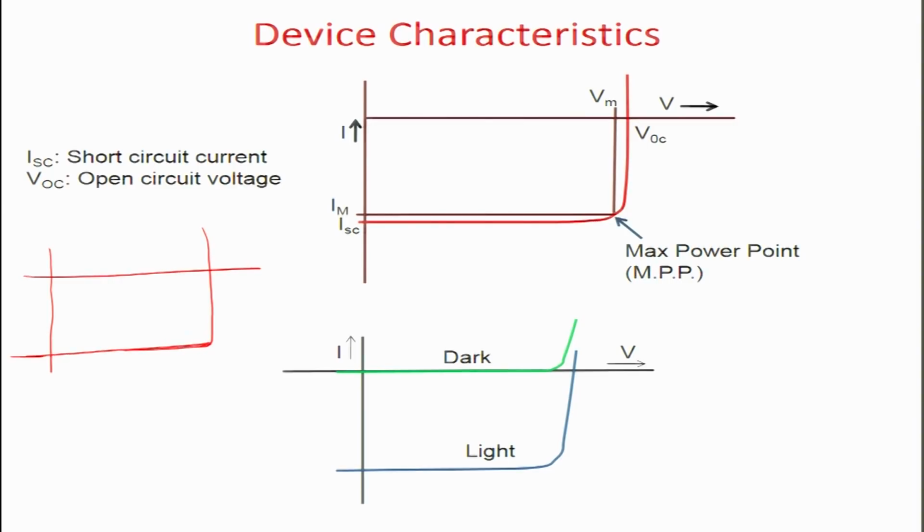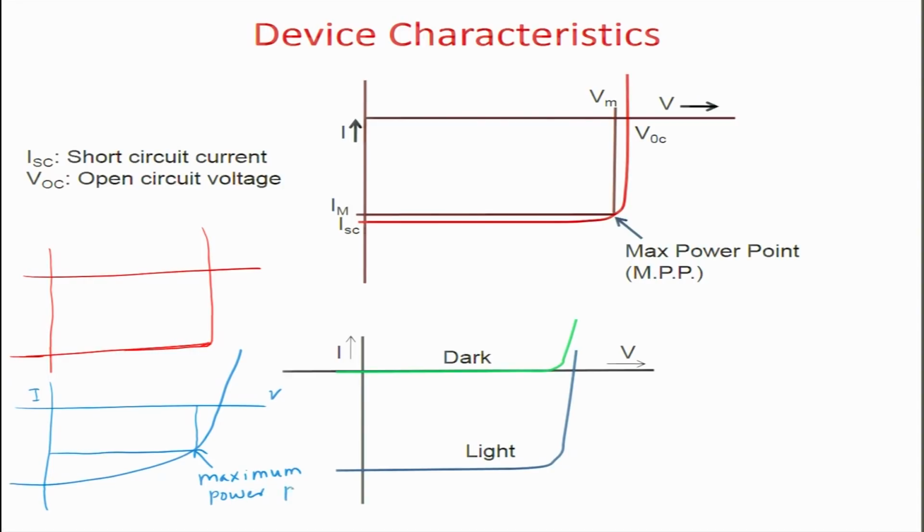However, if your IV curve appears to be, let us say, like this, let me make another plot. If your IV curve is like this, then the maximum power that you can extract will be somewhere here. This point is the maximum power point, and the voltage and current corresponding to this point are called Vm and Im.